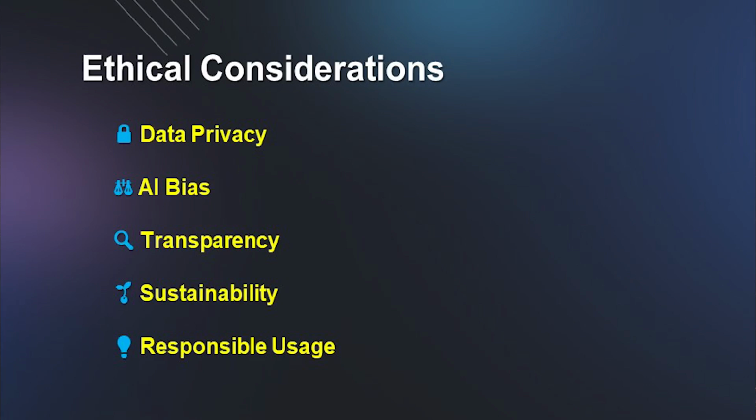Users should understand how AI processes their inputs and generates outputs. Fourth one is sustainability. Minimizing the environmental impact of large-scale AI models by optimizing energy use. Fifth one is responsible use. Educating users on how to use AI ethically and effectively.